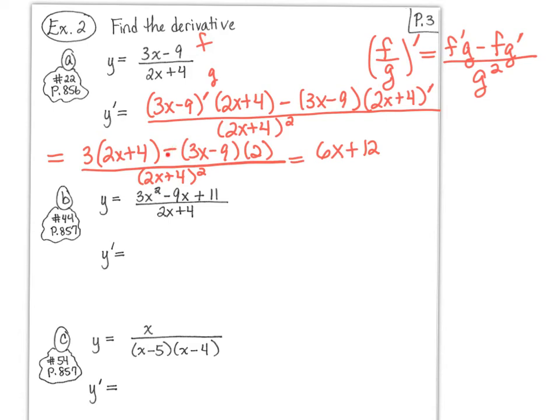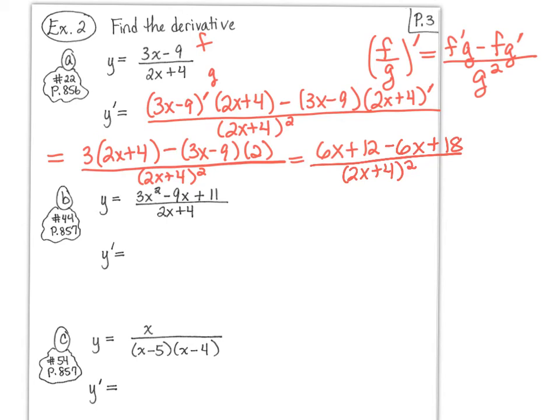This would be a negative and this would become a positive. We distribute the negative and the 2 at the same time. Plus 18, very good. All over the quantity 2x plus 4 squared.